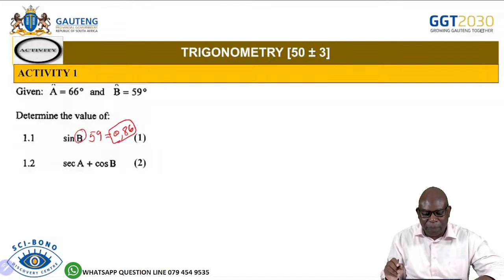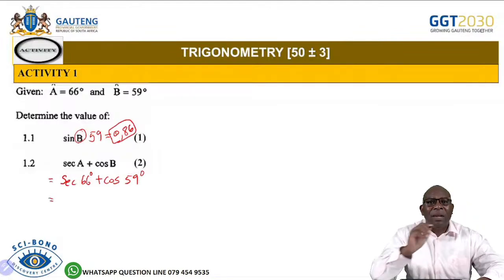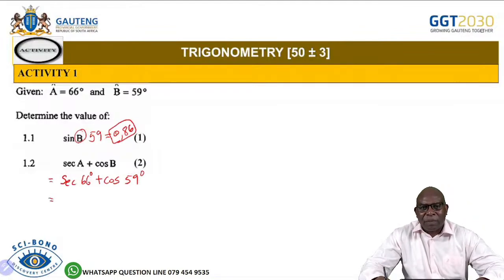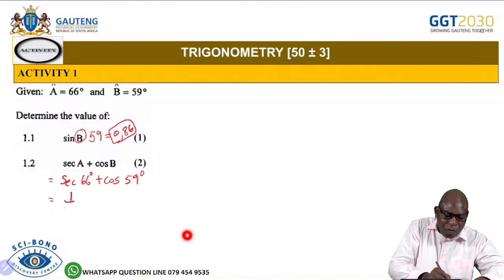Let's get to the next one. I'm going to substitute my A now. It's sec of 66 degrees plus cos of 59 degrees. My problem now is that I don't have sec on my calculator. But I know that sec is 1 over cos. So now I must write it as 1 over cos.